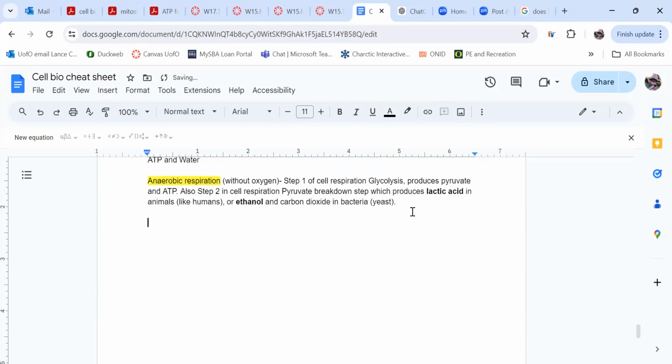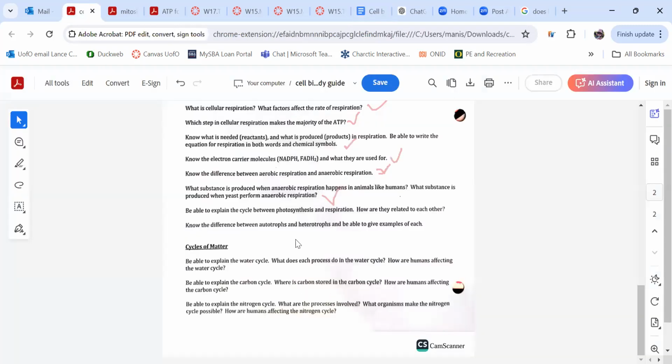Cellular respiration and photosynthesis are related because the products of one are the reactants of the other one. That's how they're related. That's the symbiotic relationship between plants and animals.